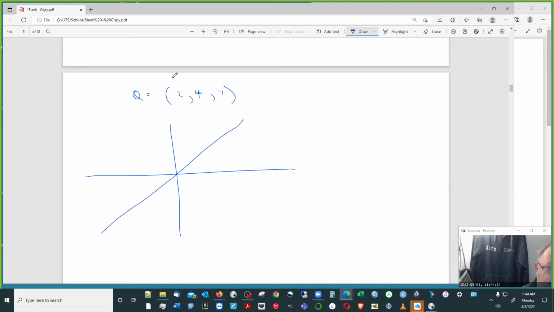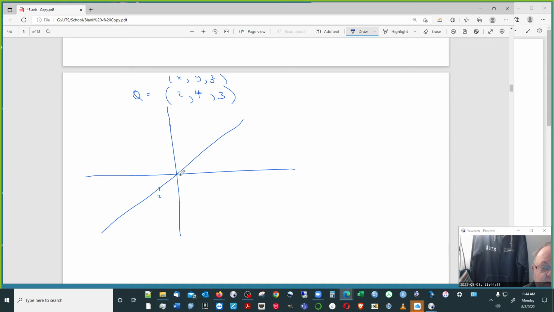Okay, this one here is X, Y, Z, and so X is going to be at 2, so we're going to come 1. We don't want to go too far because Z's at 7. Actually, I might change that. I might just make that maybe 3. Okay, so X is 2, so we come across here and we write a 2.